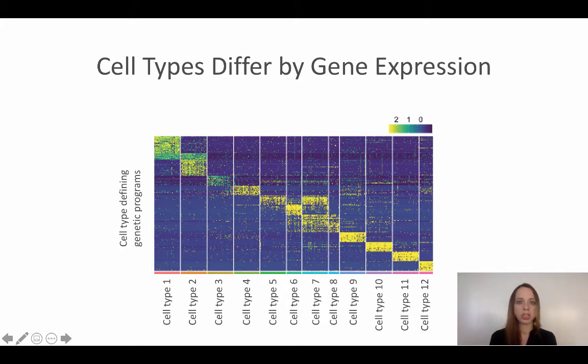Each row is a gene, and each column is an individual cell clustered into cell types. Gene expression level is color-coded such that warmer colors represent higher expression. And as we can see, each cell type is clearly identifiable by a dozen or more uniquely expressed genes.